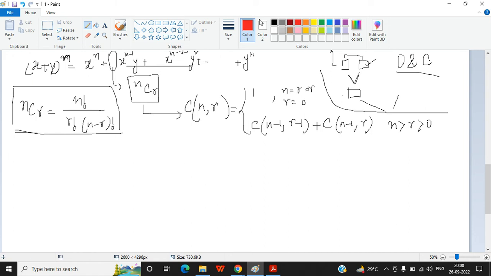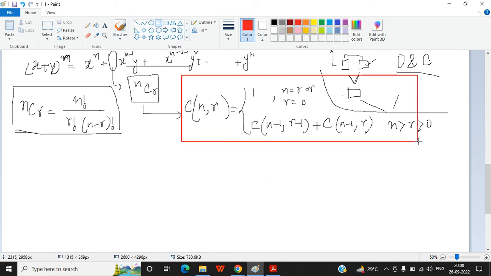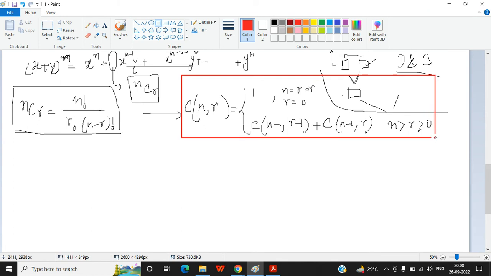This is the formula, you can say. You identify that this is a recurrence, right? The recursive algorithms are represented using this recurrence.